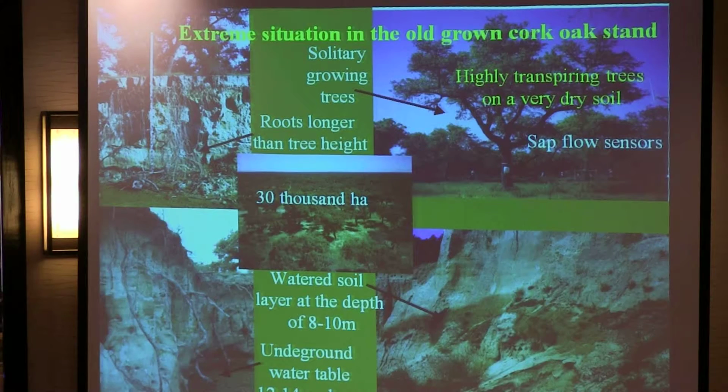So we were looking at what the situation was, and fortunately we found nearby an open sand mine, about 10 to 12 meters deep, and the roots were going there until they reached a layer of soil which was wet. Then again there was dry soil, and here was the next wet layer. So in principle, these roots rely on this water at depths of, say, 10 to 12 meters.